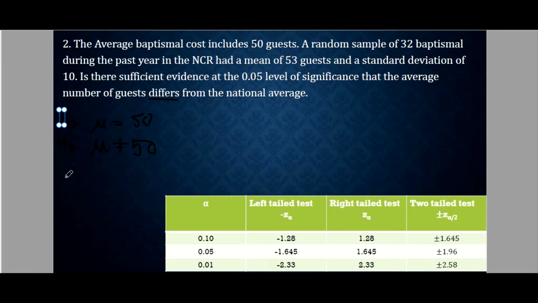Next is our alpha. Our alpha is given as the level of significance, 0.05. And next is to determine whether it's a Z or a T test. So n is a random sample of 32.